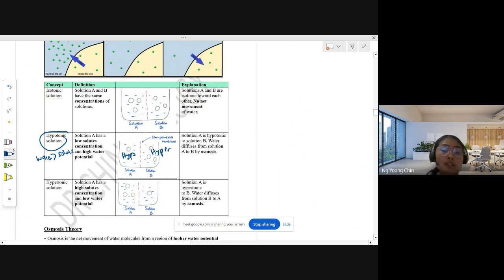Hypertonic is because it contains much more solute particles. So the water will be diffusing from solution A to solution B through the semi-permeable membrane. They will diffuse in this way. So after diffusion occurs, solution B will have a higher level than solution A. It will be something like this.